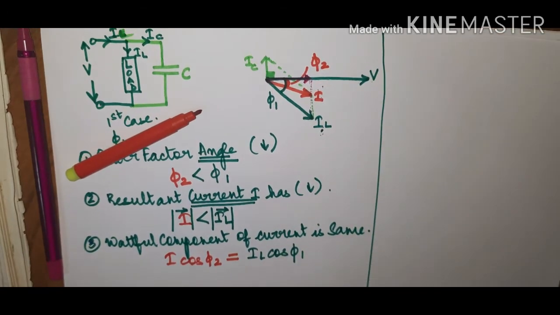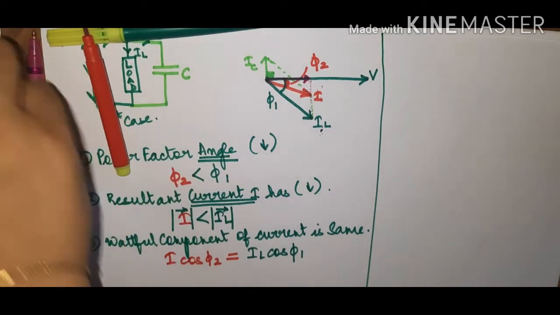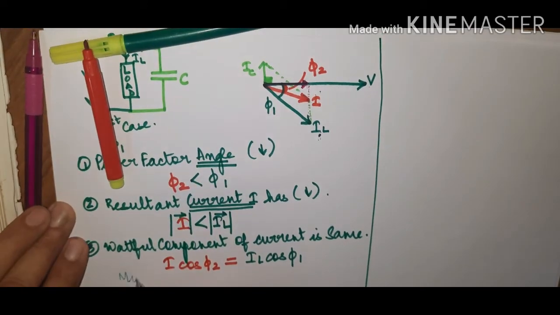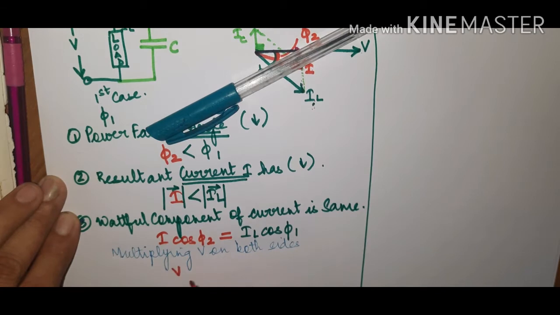From this we can conclude one more thing: if I cos phi 2 is equivalent to IL cos phi 1, then you can multiply V on both sides. So you get VI cos phi 2 is equivalent to VIL cos phi 1.